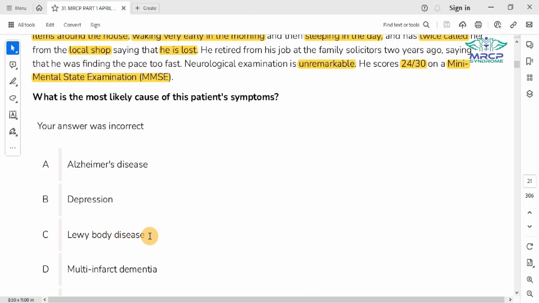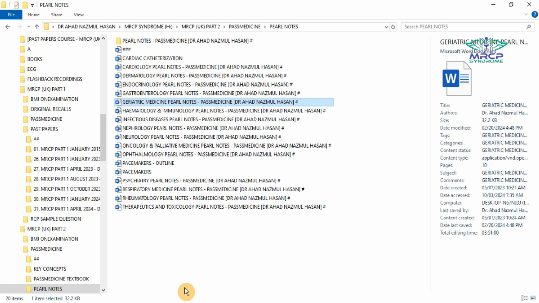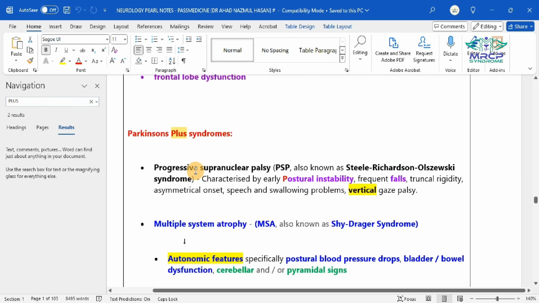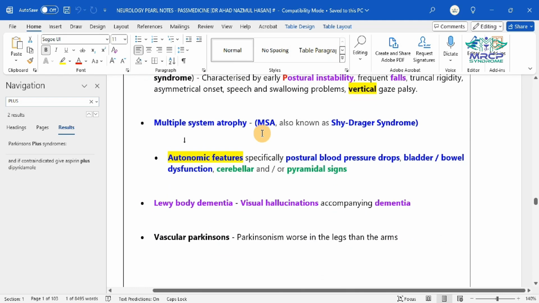Regarding Lewy body dementia, the patient will have features of Parkinsonism, and there would be visual hallucination. So what are the types of Parkinson plus syndrome, and how can we differentiate between the conditions? What are the Parkinson plus syndromes? Progressive supranuclear palsy and multisystem atrophy.